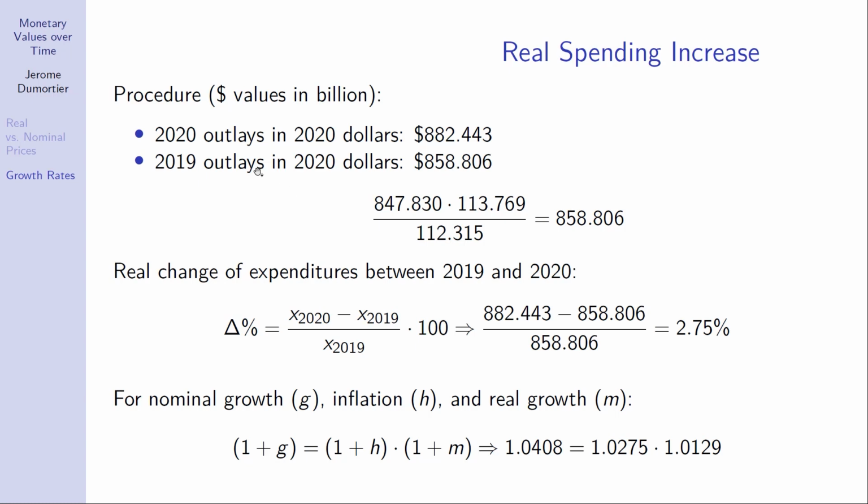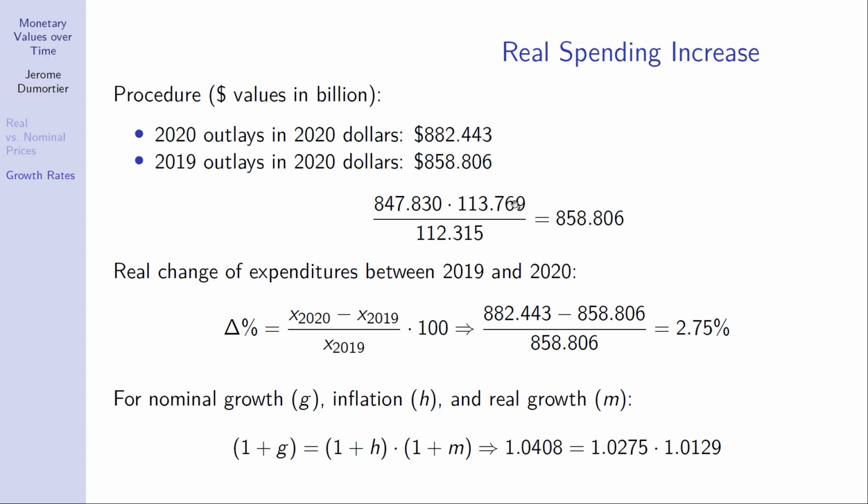We mentioned before that the 2019 outlays in nominal terms were $847.83 billion. Based on the constant dollar calculations that we have seen previously in this video, we can convert those 2019 nominal dollars into 2020 real dollars.